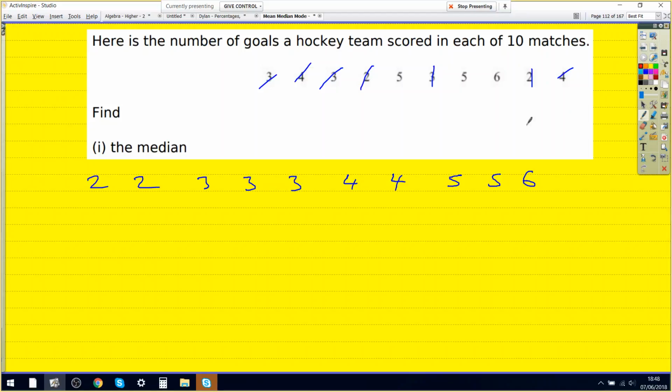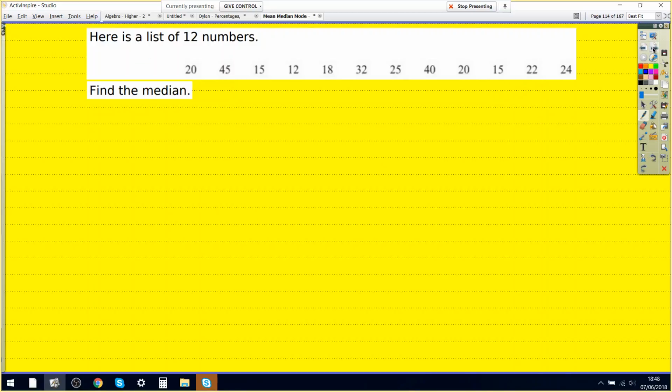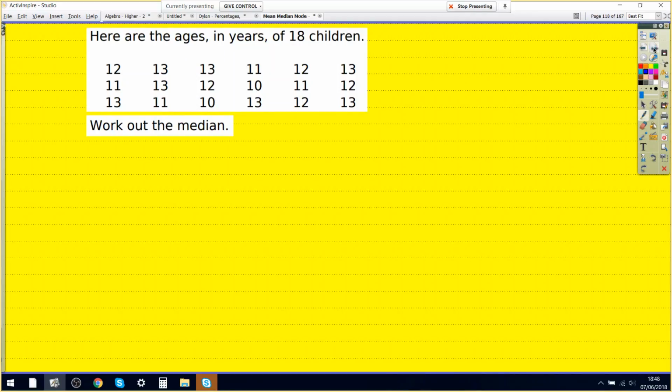So then, I'm trying to find the median. So the median would be 3 and 4, so that'd be 3.5. Well done. So it's going to be 3 plus 4 over 2, 3.5. Okay, same idea, just more numbers. Exactly the same idea. More numbers.